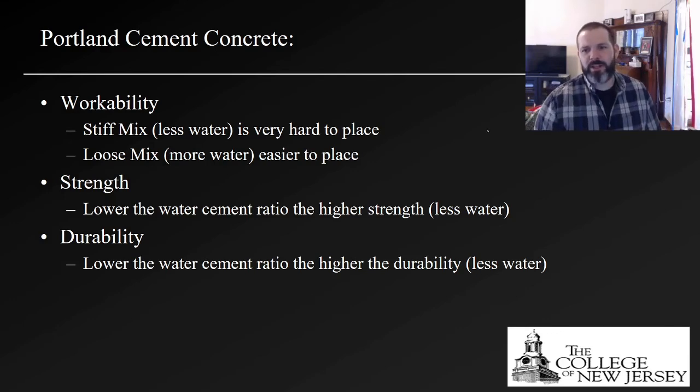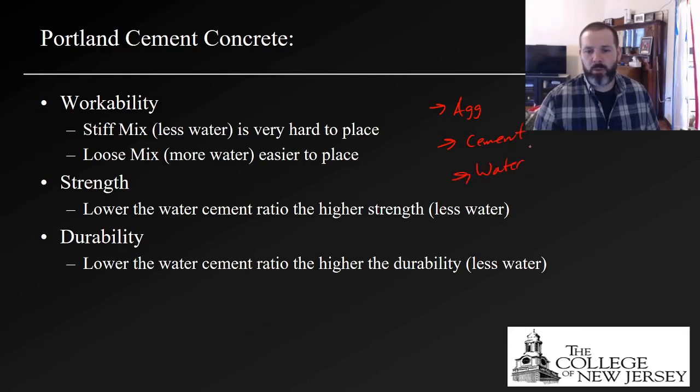So in the 3 things we have in concrete, we have the aggregate, we have the cement, and we have the water. The water-cement ratio is just the ratio of the water over the cement.